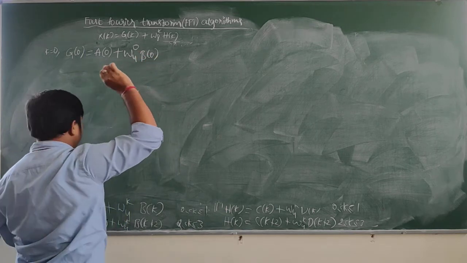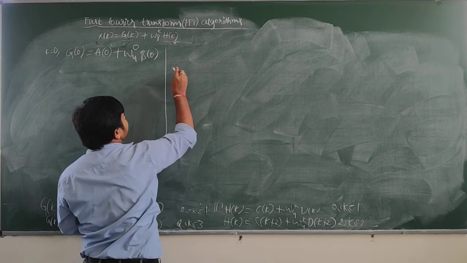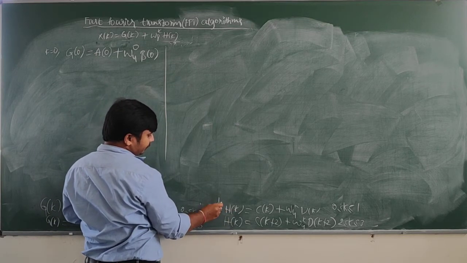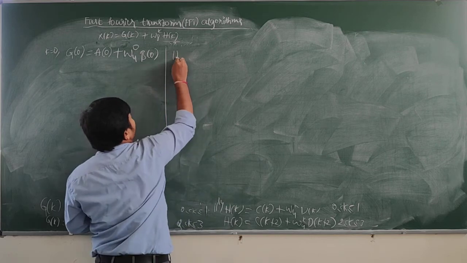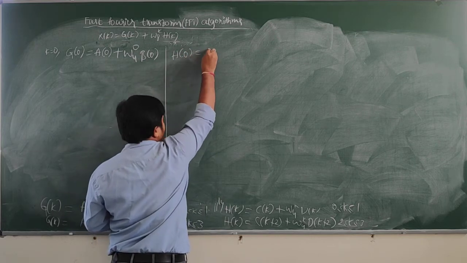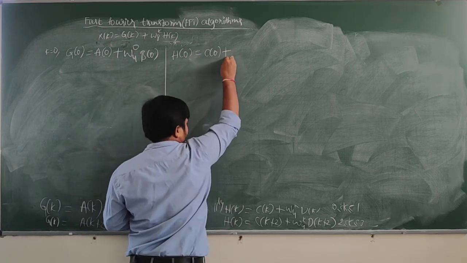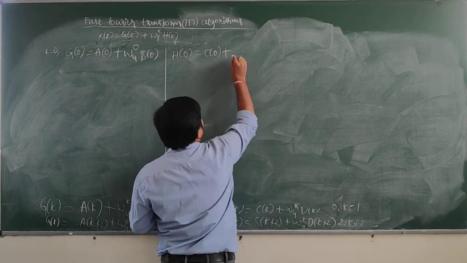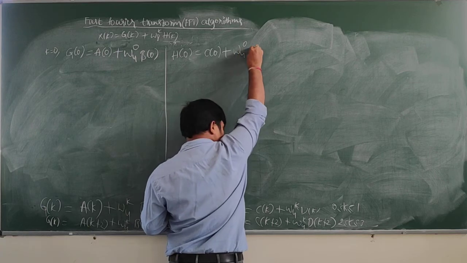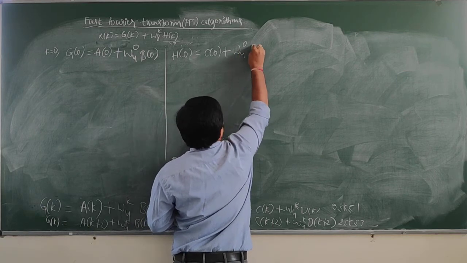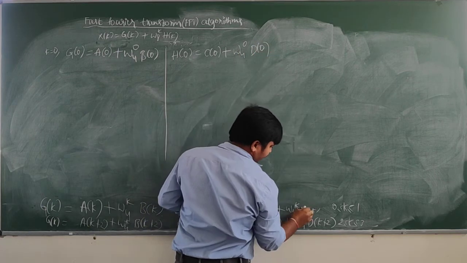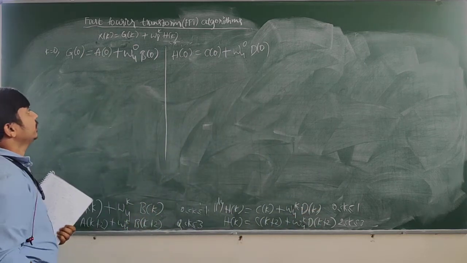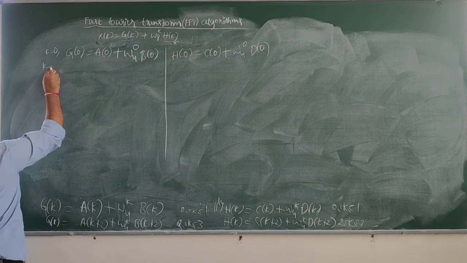Similarly, on this side I put k is equal to 0 for the first equation, that is I get h of 0 is equal to c of 0 plus w of 4 power 0 into d of 0.